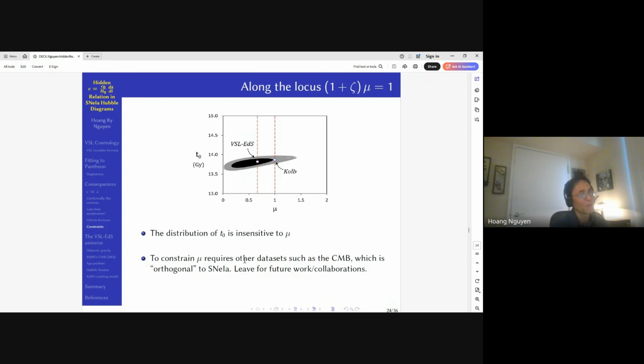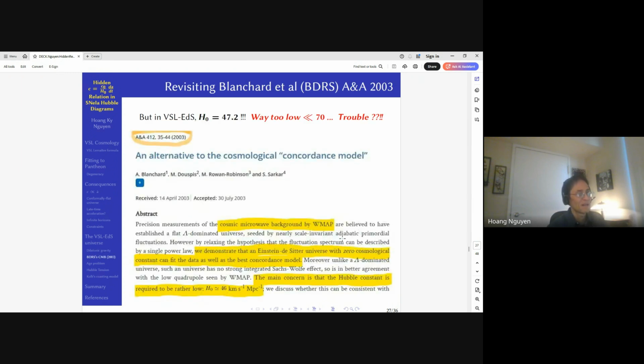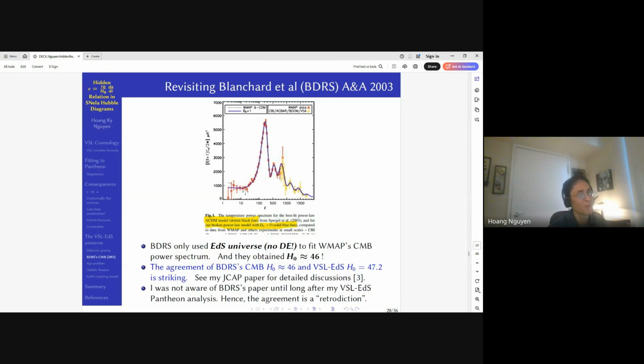So hopefully, when we analyze the CMB using, let's say, the BDS, let me show you the BDS here. One way that I'm proposing is that perhaps we can repeat this example from BDS, but instead of applying it directly for the EDS universe, perhaps we can redo their analysis using the power law cosmology.